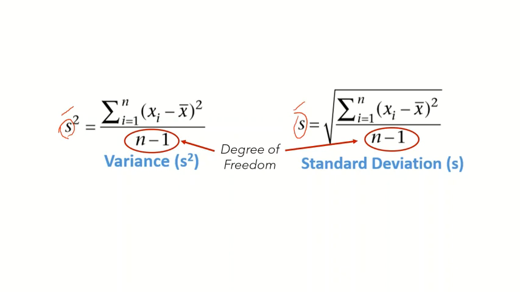Well, this is because the degree of freedom observed in solving a sample statistic, like the sample variance and sample standard deviation, is always 1 less than the number of samples, n. So meaning to say, if you did sampling and you had 30 samples, your degree of freedom will be 30 minus 1 or 29. But the question is, why do we need to do that?